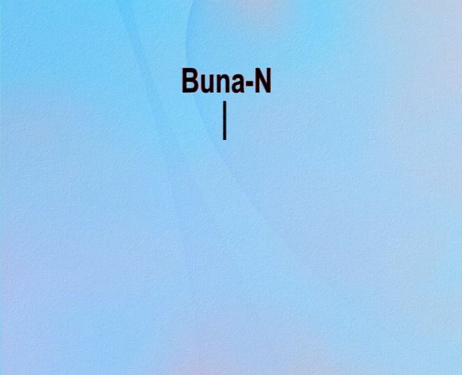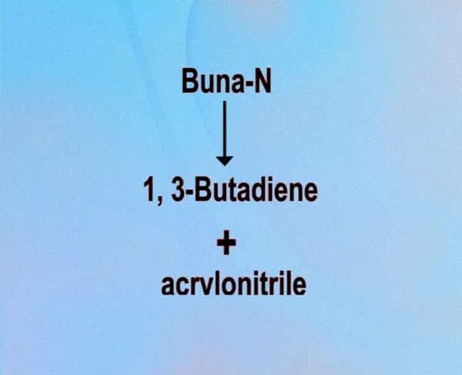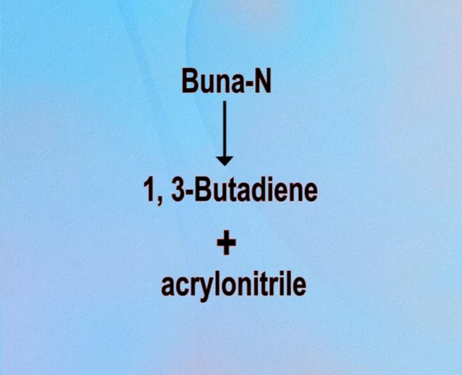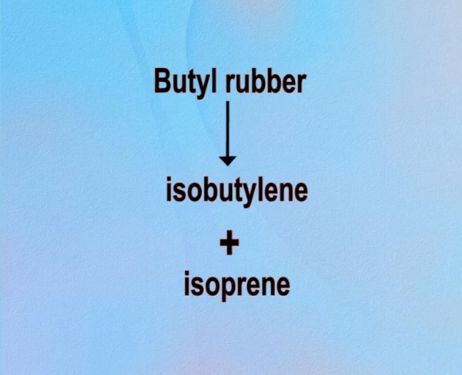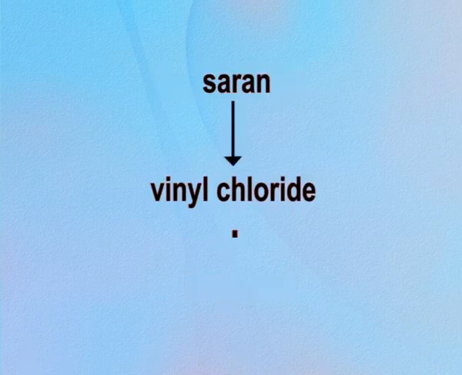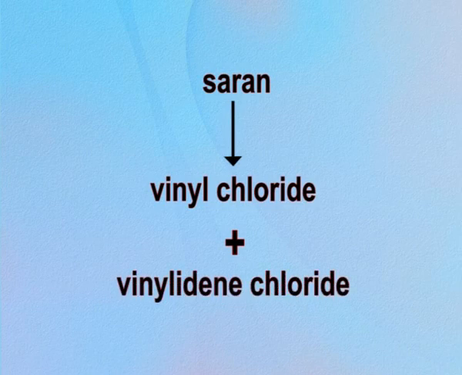Other examples of addition copolymers are Buna-N, formed from 1,3-butadiene and acrylonitrile, butyl rubber, formed from isobutylene and isoprene, and Saran, formed from vinyl chloride and vinylidene chloride. We will next learn about condensation polymers.